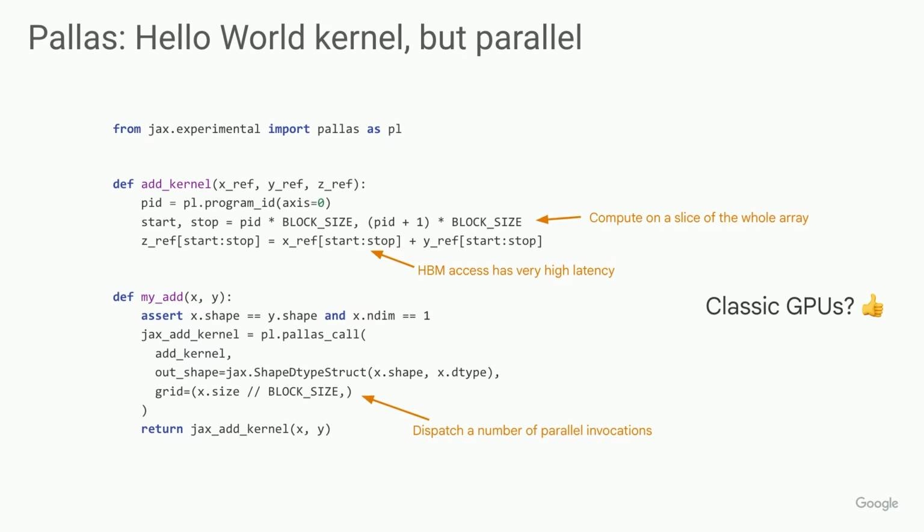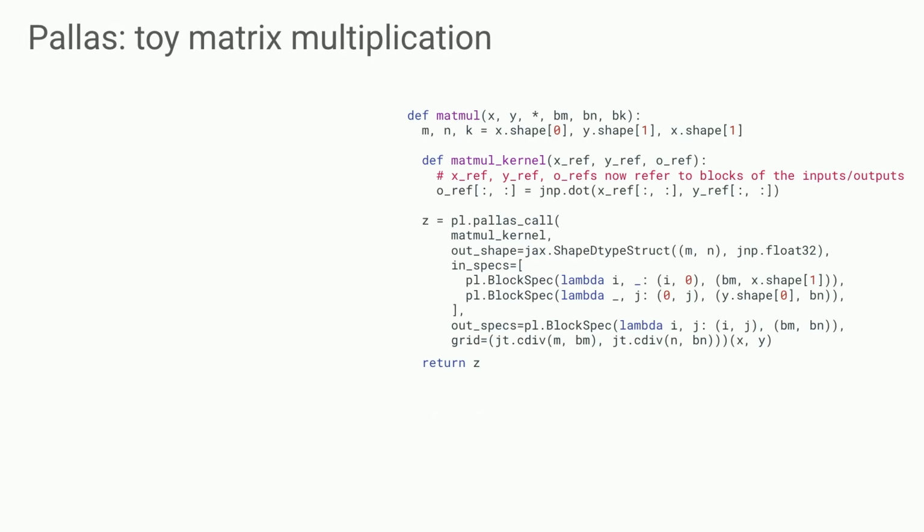So you can launch all these kernels, and then the GPU will automatically context switch to hide the memory latency. But this isn't such a great way to write code on modern GPUs and TPUs because all the flops are in these big matrix multiply units, and to drive them you really need a lot of context, and you can't do cheap context switching. So this is not a good way to write kernels on modern GPUs and TPUs.